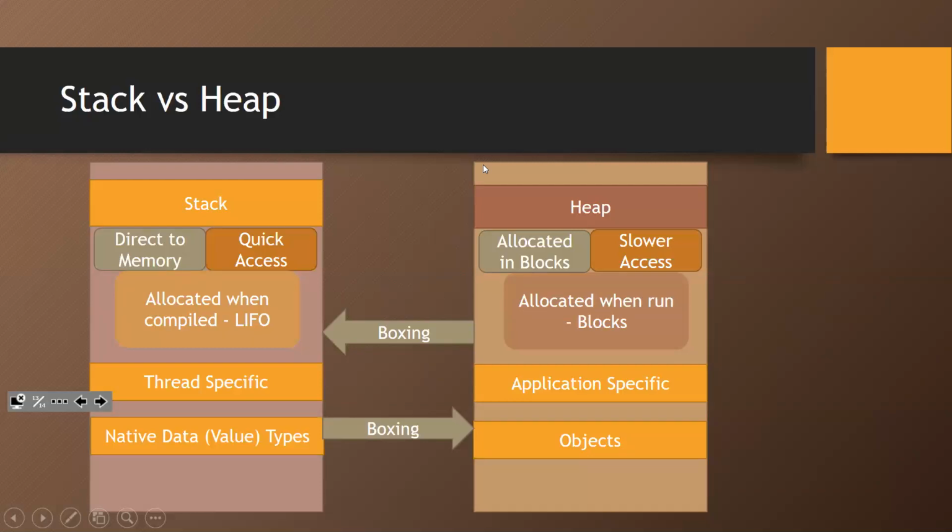So if I have something like an integer named I over here in my stack, and I refer to it as a generic, or it resolves a generic, it has to be boxed. It has to become an object. So in that boxing process, it's going to have some things allocated around it, and it's going to be copied to the heap.